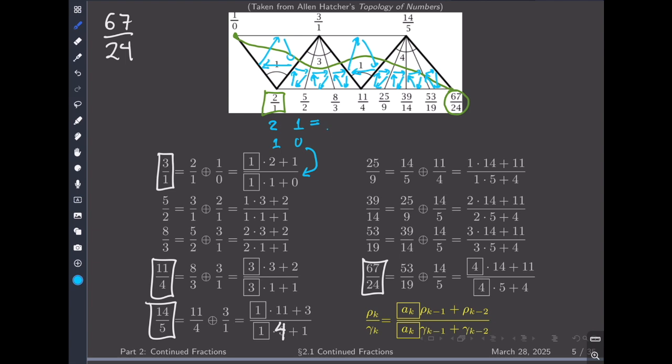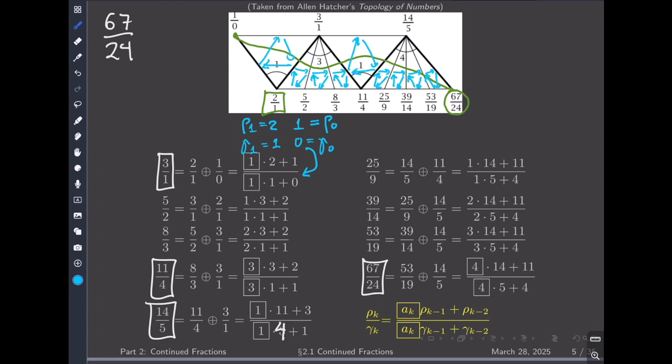It would be row 0, and then this one would be gamma 0, and this one would be... one second. Yeah, row 1 and gamma 1. Yeah. Is that what I want? Yes, it's what I want.